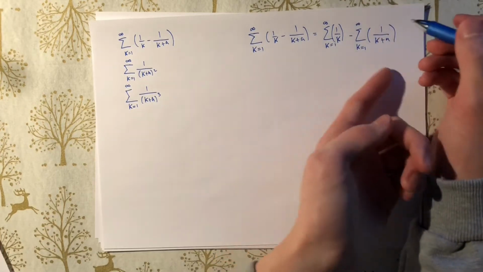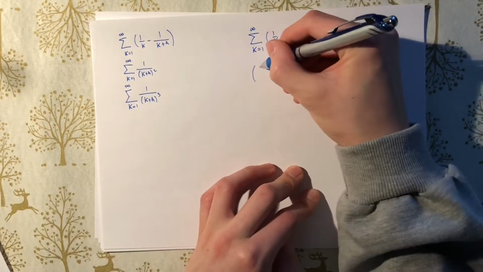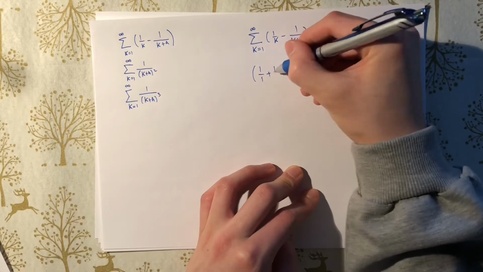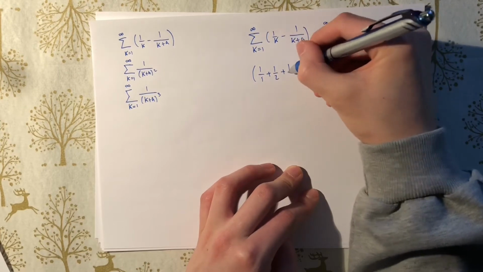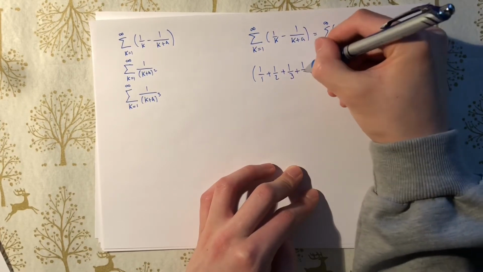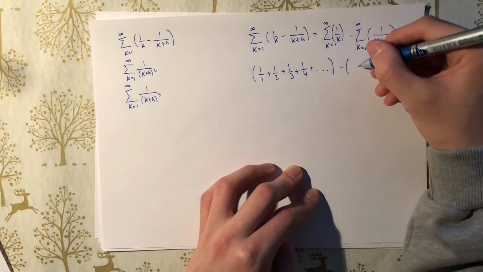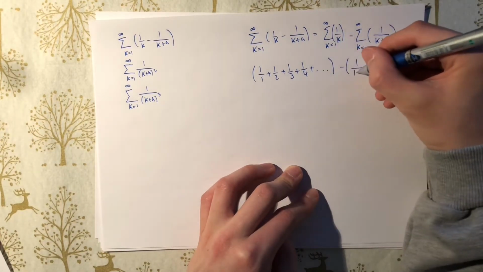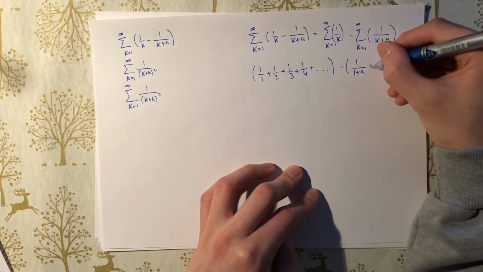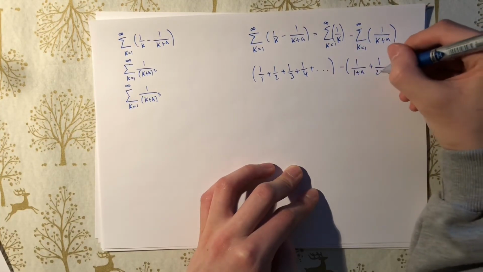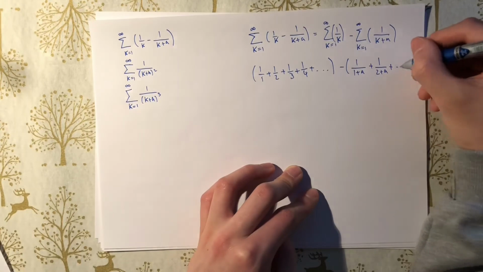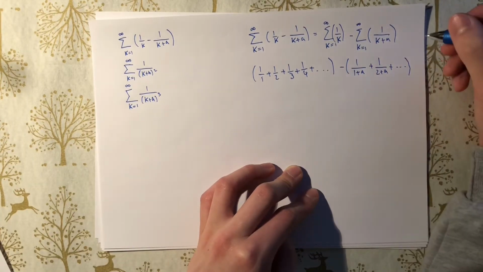So if we just write this out, we can say it's 1 over 1 plus 1 over 2 plus 1 over 3 plus 1 over 4 plus dot dot dot, and it's minus 1 over 1 plus a plus 1 over 2 plus a plus so on.